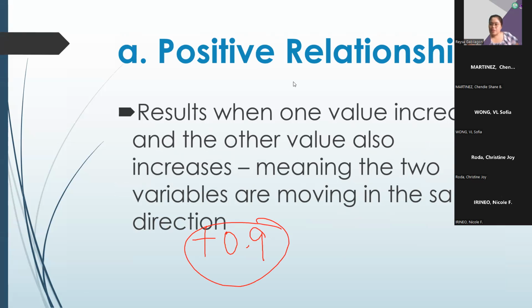Therefore, we assume that if the daily allowance of the student increases, since positive yung relationship, the GPA also increases. Yan yung meaning ng positive relationship na ito. And the other way around, vice versa din yan. Okay? So that's for the direction of the relationship.